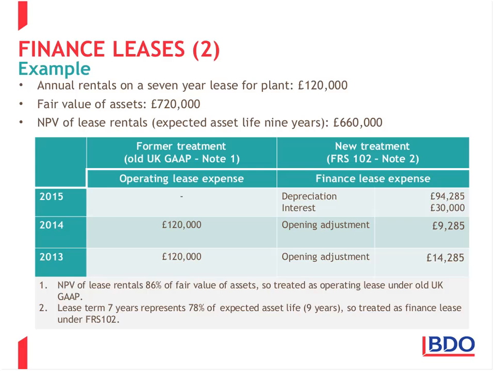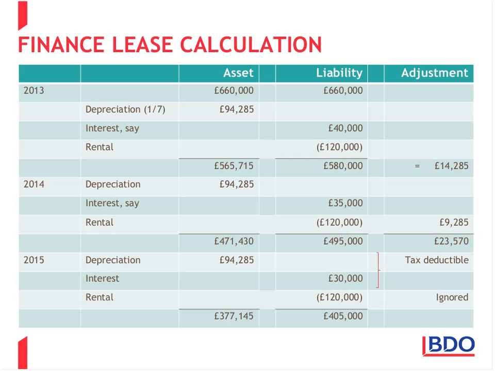Let's look at those figures in a little bit more detail. If we look at the historic position for this particular asset, it starts in 2013 with an asset of £660,000 and a liability of £660,000. Having restated it in such fashion, we would then depreciate it, which was £94,285.